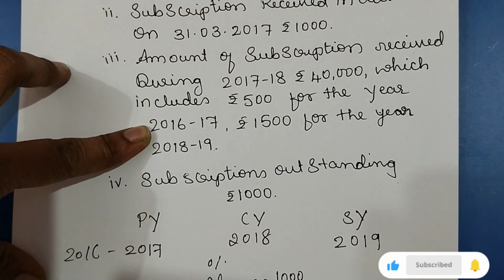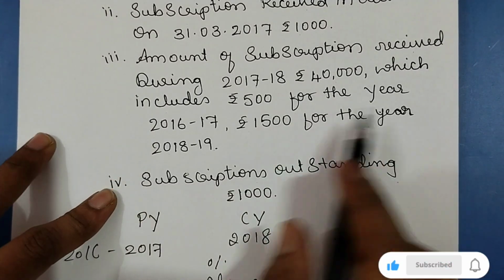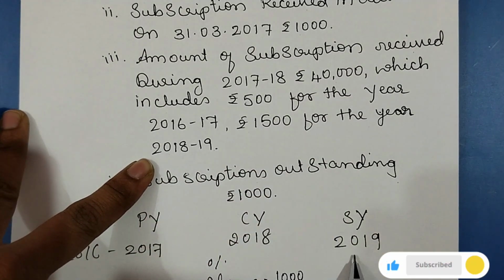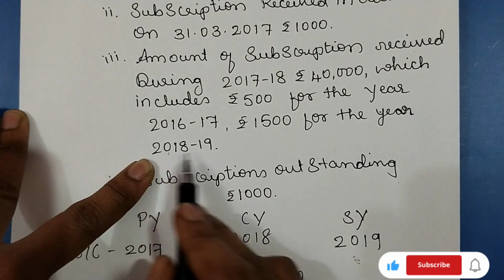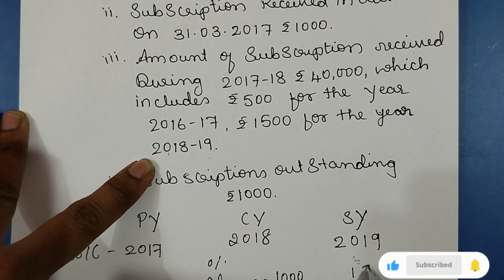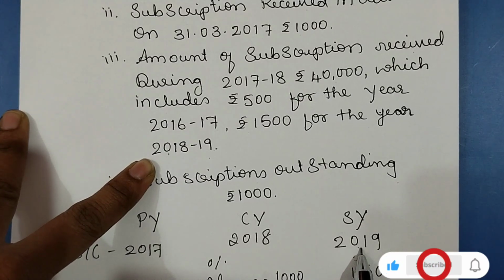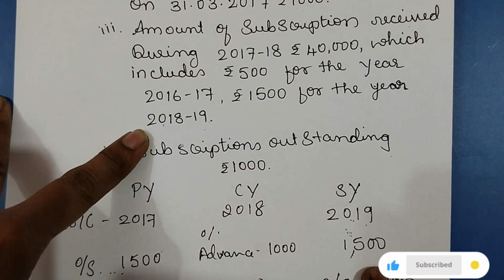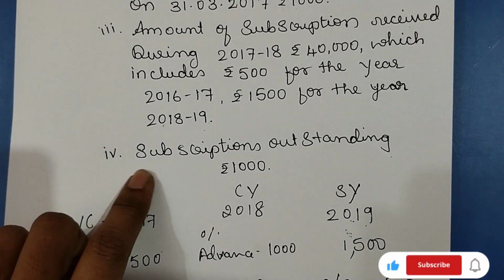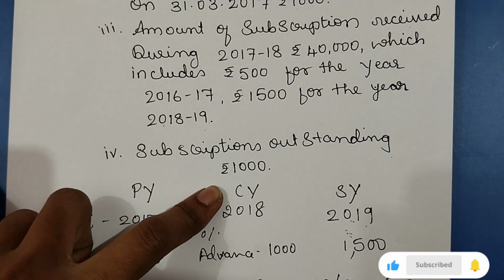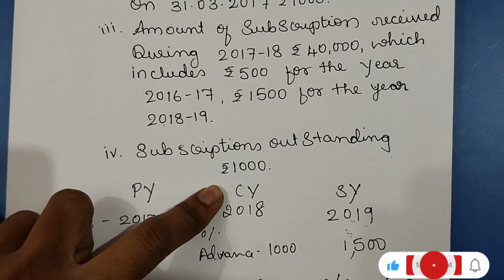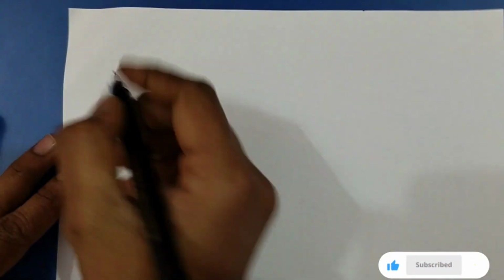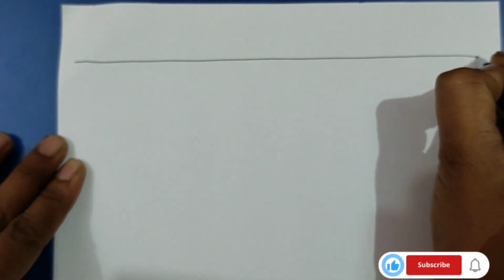Closing outstanding is 500 for the year 16 and 17, and 1500 for the year 18 and 19. So the closing advance is 1500. The 2019 amount I have received in 18 itself. So that is our closing advance. And the subscription outstanding will come under the closing outstanding.